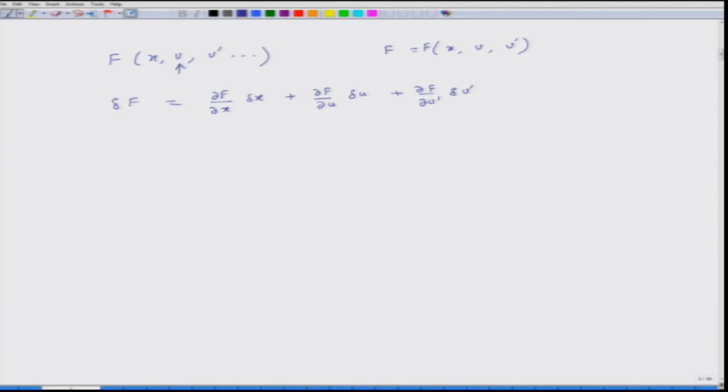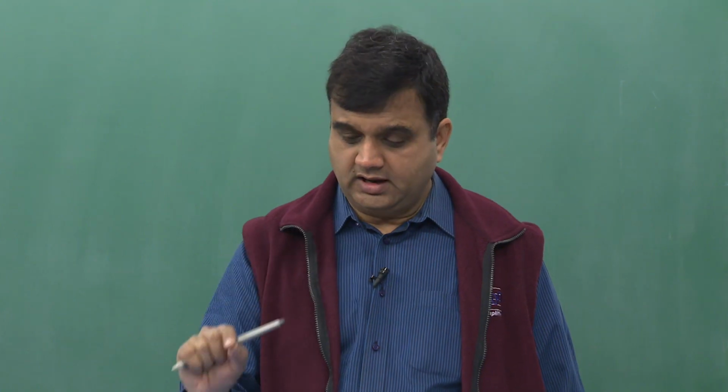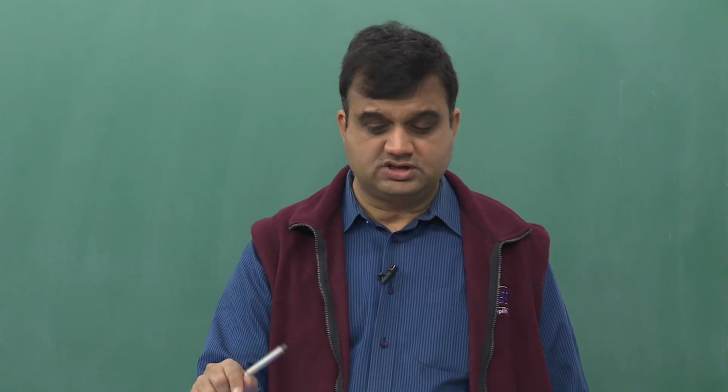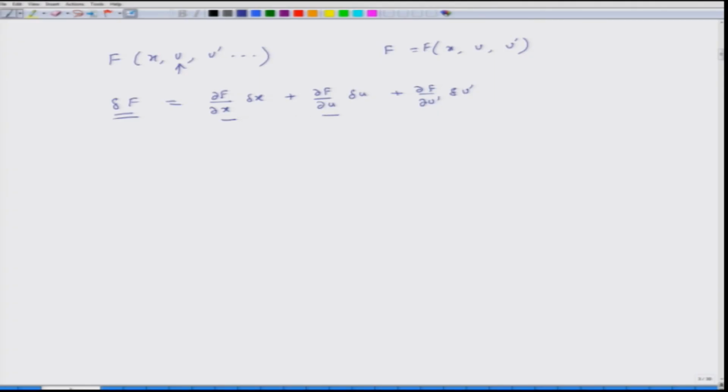How do I calculate the total variation in f? First I change x by a small amount and see the variation in f, and I measure that number. Then I change u by a small amount and I again measure the change. So, these are those individual variations ascribable to changes only in x, changes only in u, changes only in u prime.